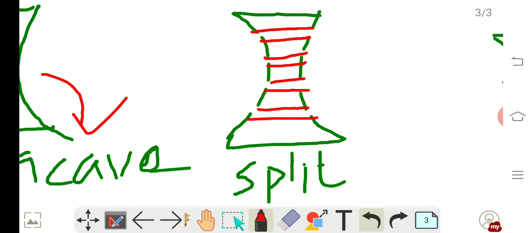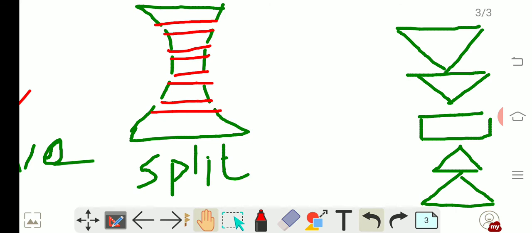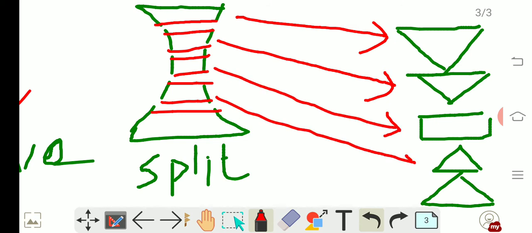I have joined this. After I join it, this one resembles a glass slab, this one resembles this prism, this one resembles this prism.